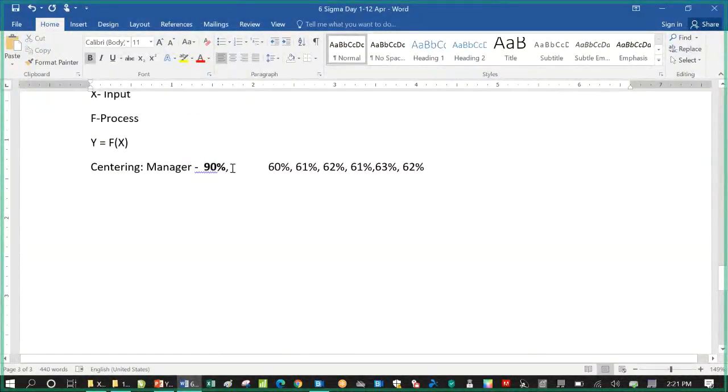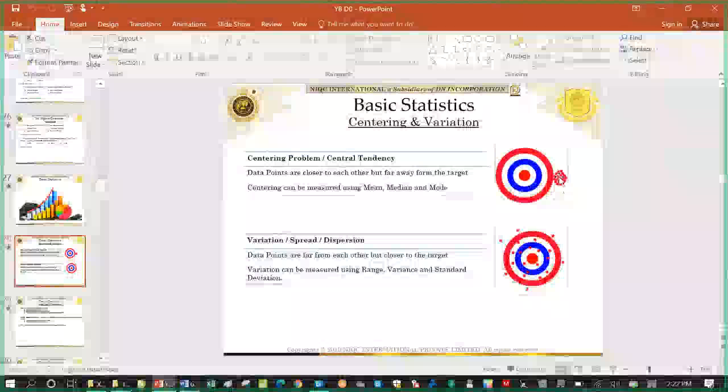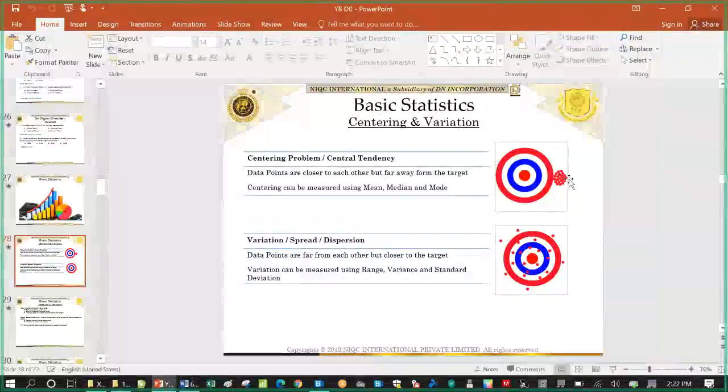Your target can be anything. So when you are not meeting that, this is your target, this is what you're achieving all the time. When this is the situation, this kind of problem is called centering problem, or central tendency. Are you clear with this problem? Basic one.